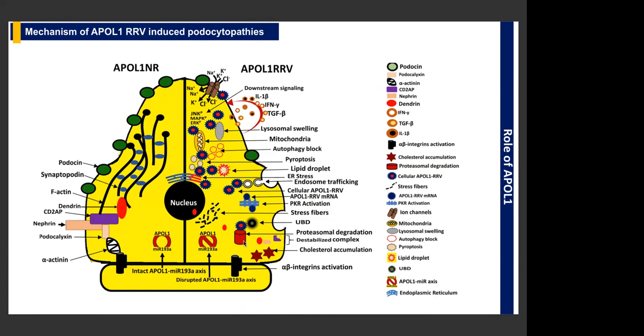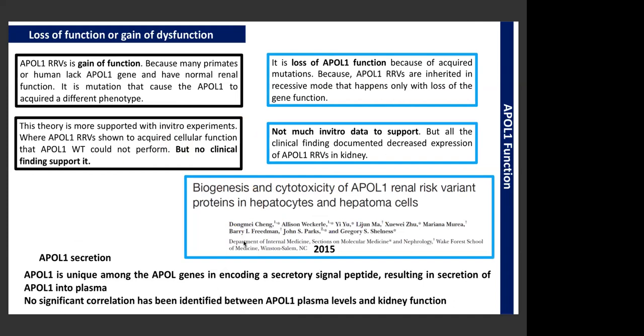By doing all this, they ultimately cause podocyte apoptosis and death, and kidney disease. Regarding this function, there is also a controversy. Not only is the presence of APOL1 controversial, but its function is also controversial.